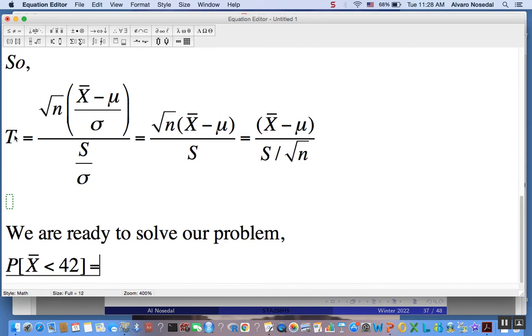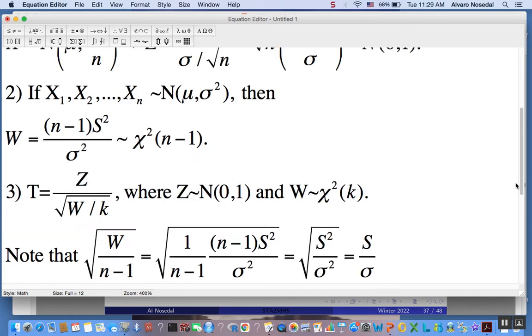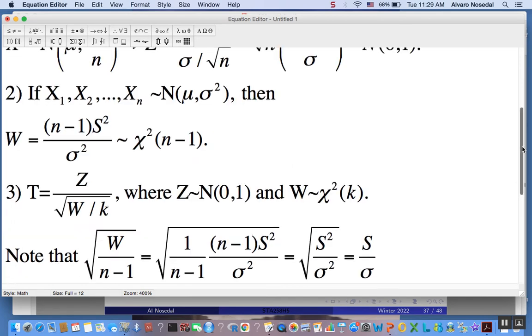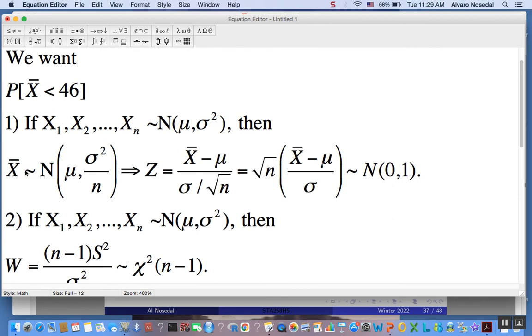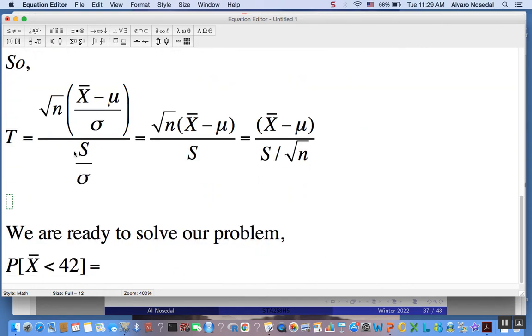Now, instead of dealing with a normal distribution, if I knew sigma squared, we know that the distribution of x bar is normal, right? But the problem is we don't have sigma squared. So we have to use the sample variance instead. But if we use the sample variance instead, we have to deal now with a t distribution. So that's the thing. So now we make that guy appear, right?